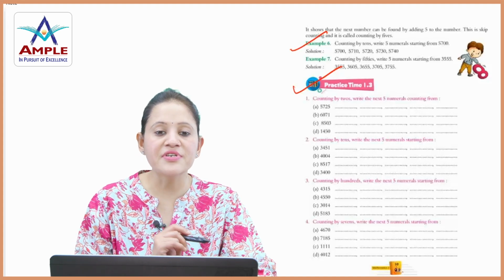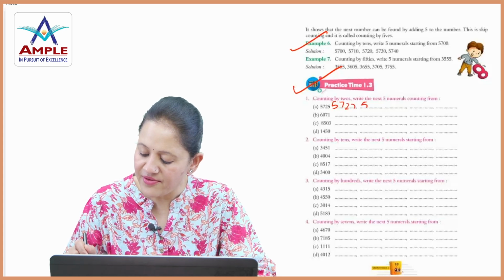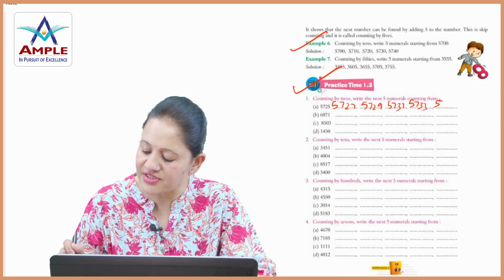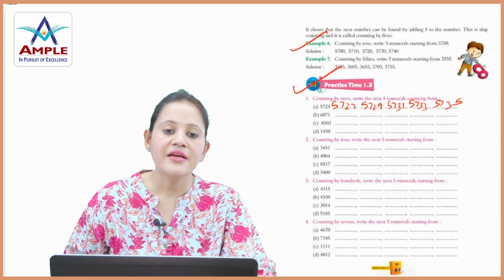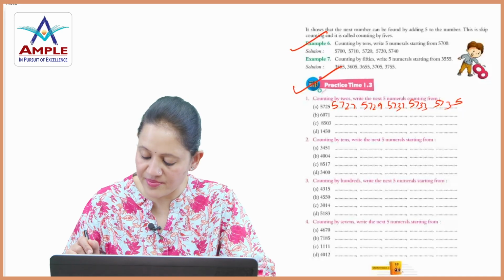So 5725, if we add 2 to it, we get 5727, then 5729, 5731, 5733, 5735. Clear?